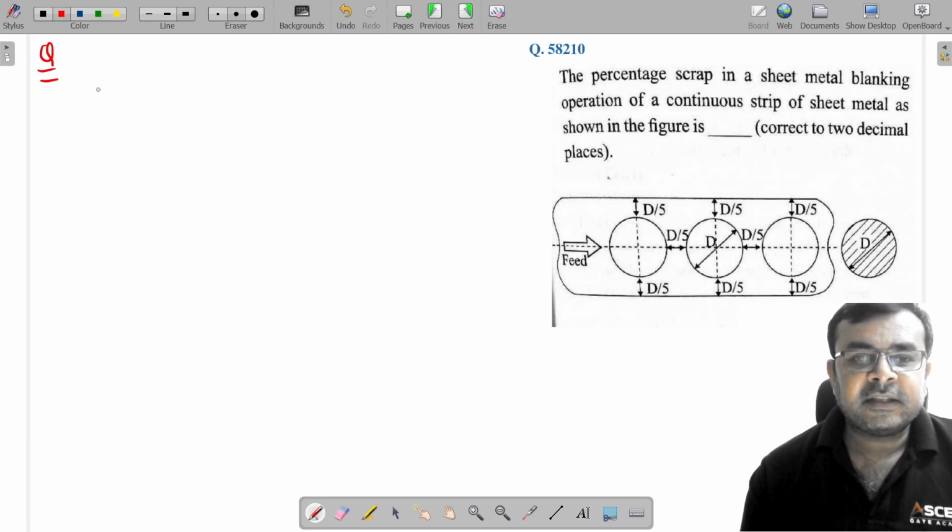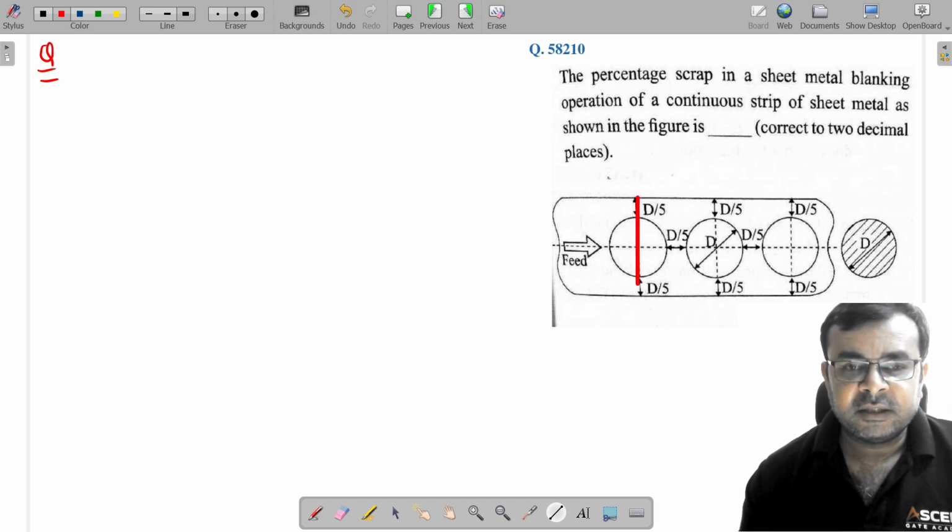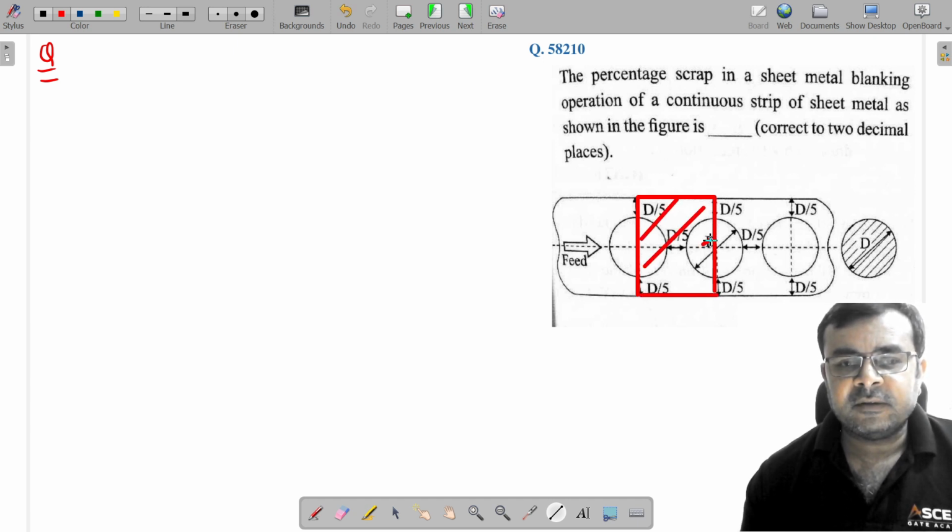The percentage scrap in a sheet metal blanking operation of a continuous strip of sheet metal is as shown in the figure. So if I consider this portion, we need to calculate the percentage scrap. If I assume this section only, this is the total area.